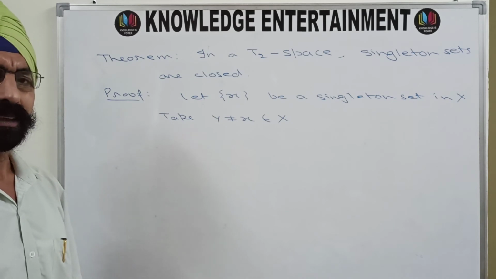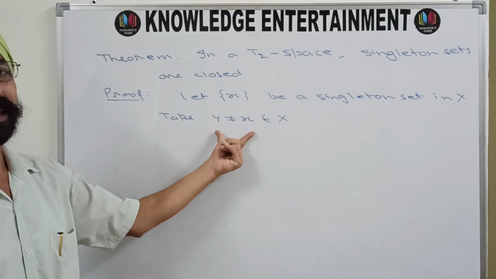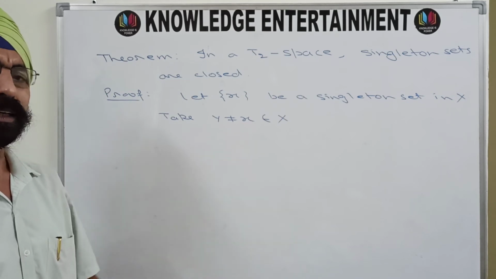So what will be there as a result? There must be two open sets containing x and y which must be disjoint.